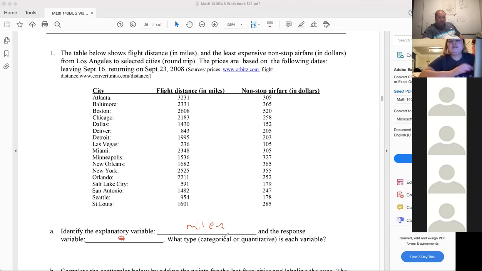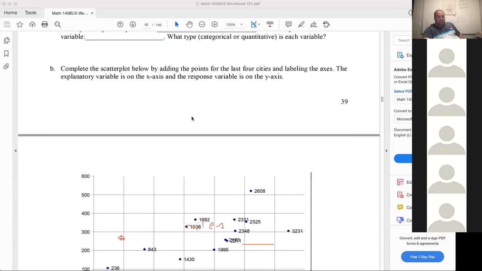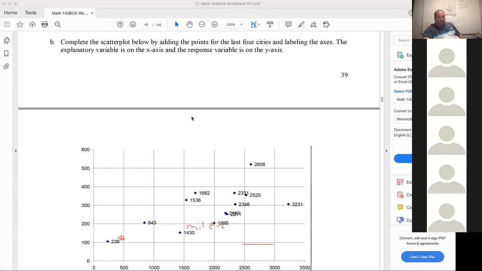Are these categorical or quantitative? They better be quantitative because you cannot do correlation or regression if they're not quantitative. You need numbers. So it says complete the scatter plot below by adding the points for the last 4 cities and then labeling the axes.